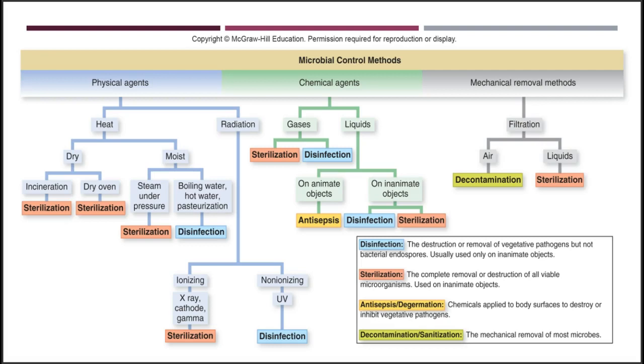And then, as you've seen, there are some chemicals that we can use as antiseptics on tissues. And then finally, we have mechanical methods, and this is where we actually remove the microbe from the substance.